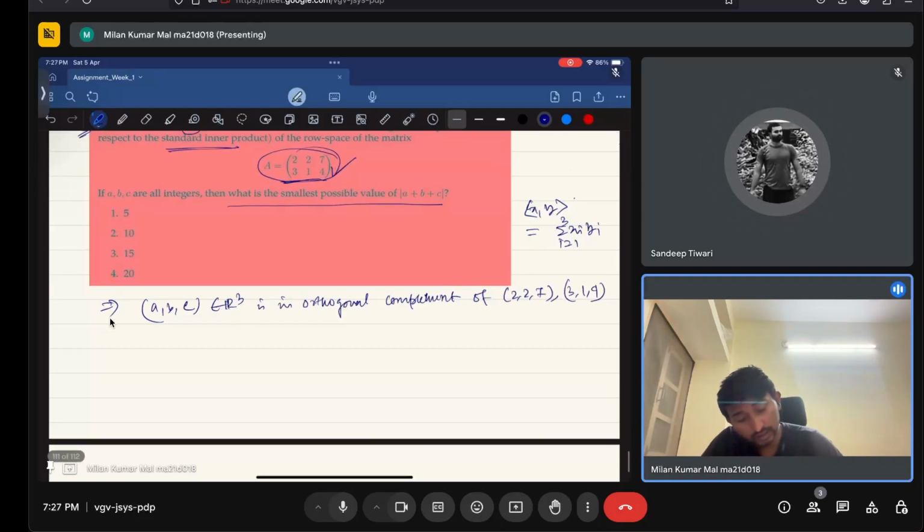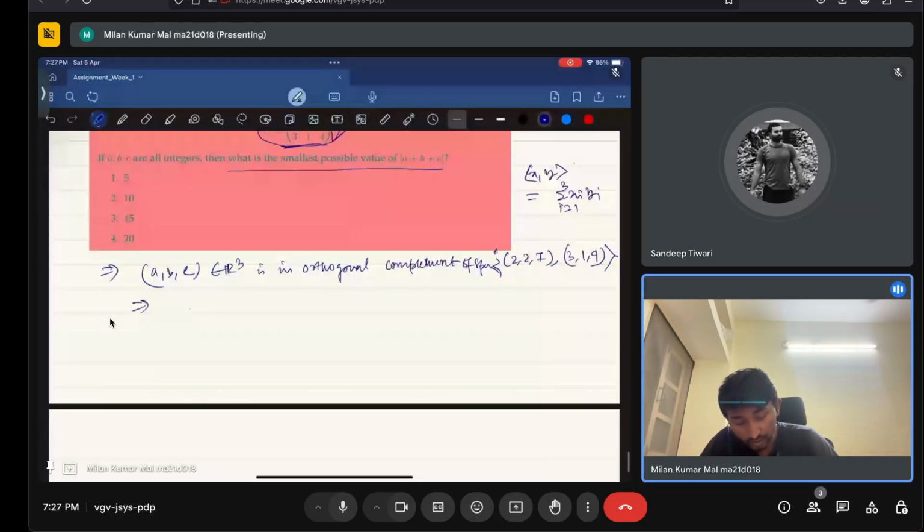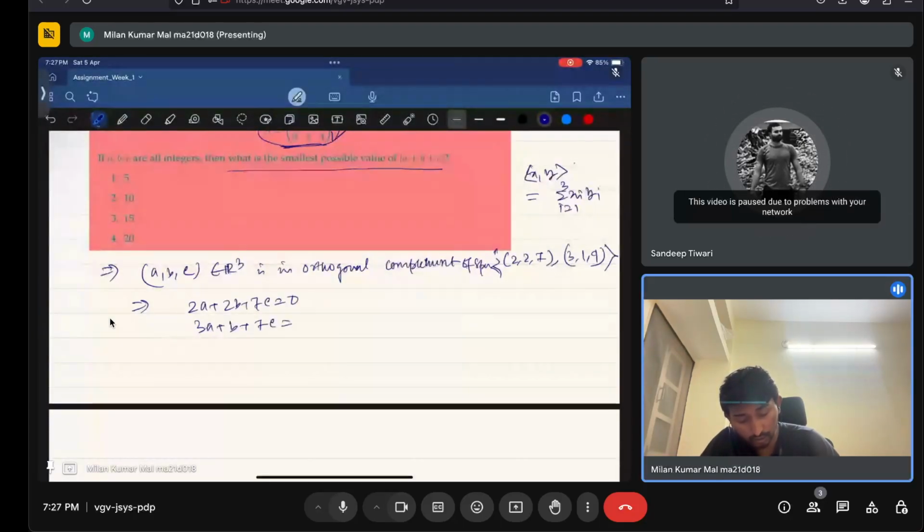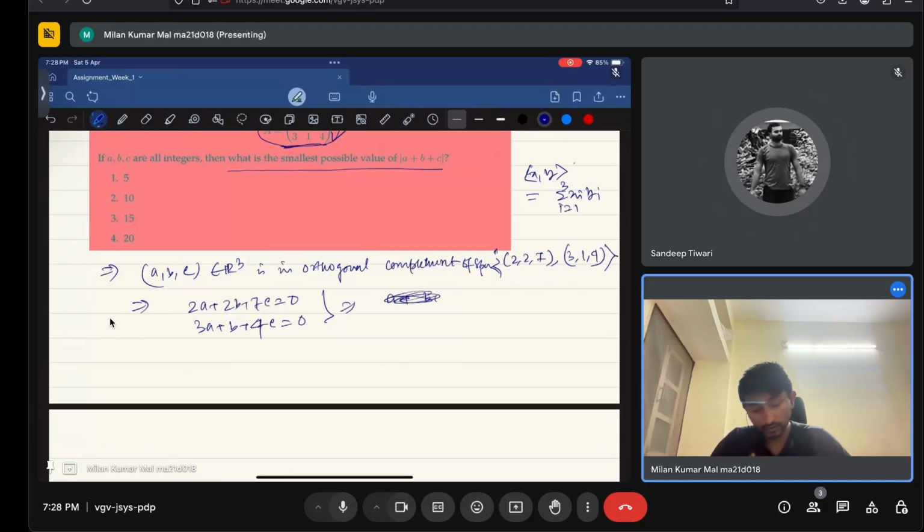So 2a + 2b + 7c = 0, and 3a + b + 4c = 0.